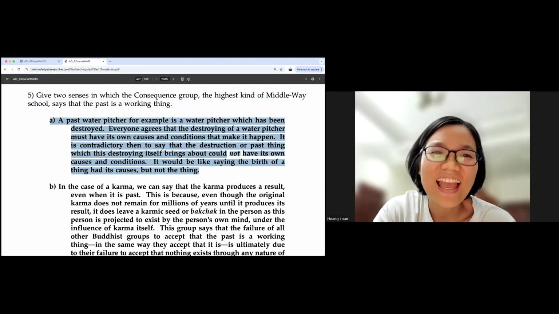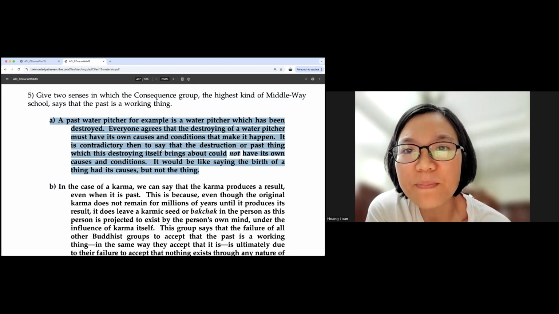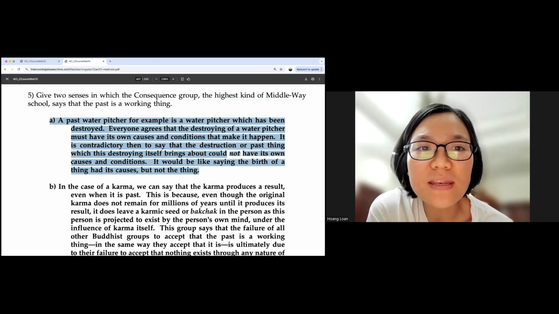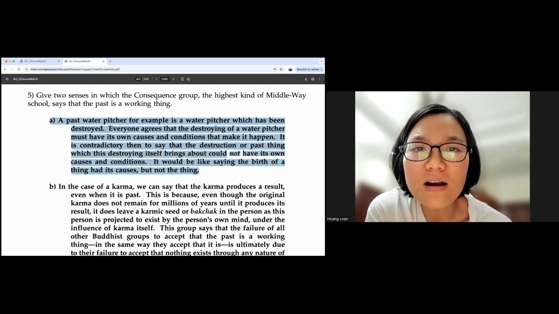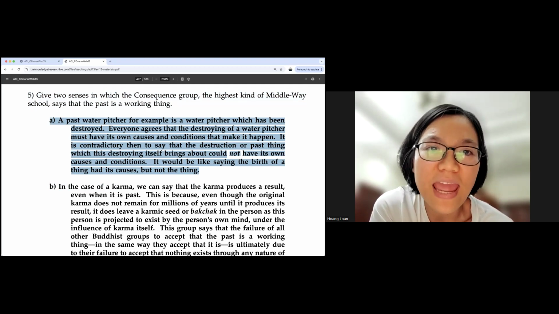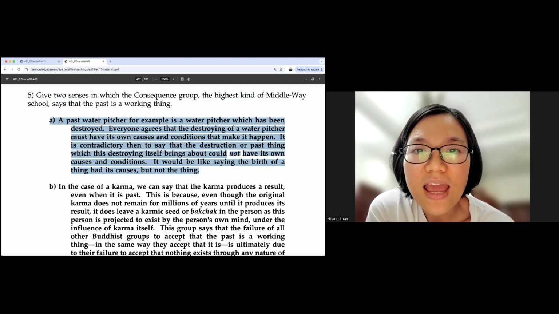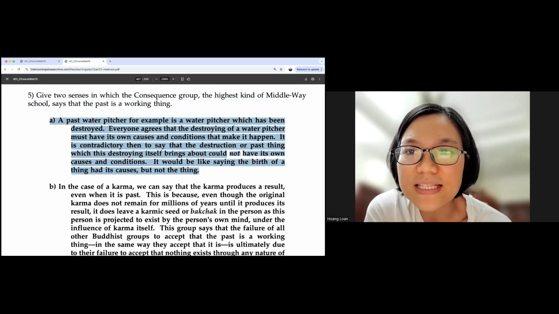A past water pitcher, for example, is a water pitcher which has been destroyed. Everyone agrees that the destroying of a water pitcher must have its own causes and conditions that make it happen.